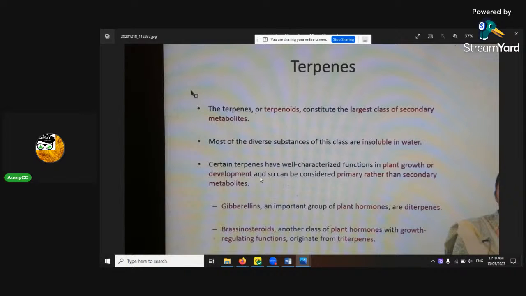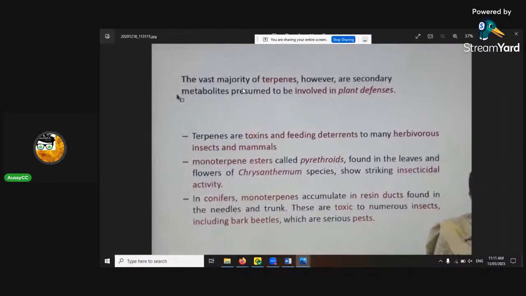Certain terpenes have well-characterized functions in plant growth and development, and so can be considered primary rather than secondary metabolites. Gibberellins and brassinosteroids are very good. The vast majority of terpenes, however, are secondary metabolites, presumed to be involved in plant defenses. See that? Defenses.